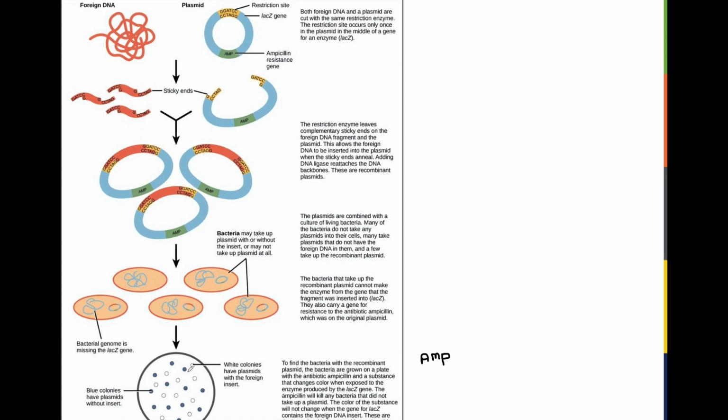Now you notice there are different colors in here, and that brings us to that LAC-Z gene that we talked about. So what is the purpose of the LAC-Z gene? I explained it earlier, but I want to point out again that sometimes when you cut a plasmid with an enzyme, the plasmid snaps back. So instead of getting this foreign DNA into it, it just snaps back, it closes.